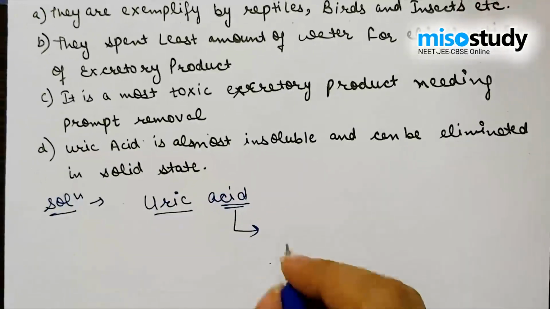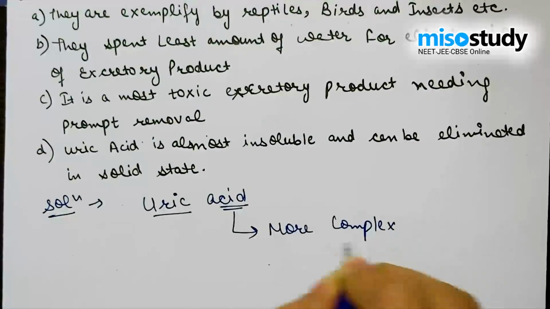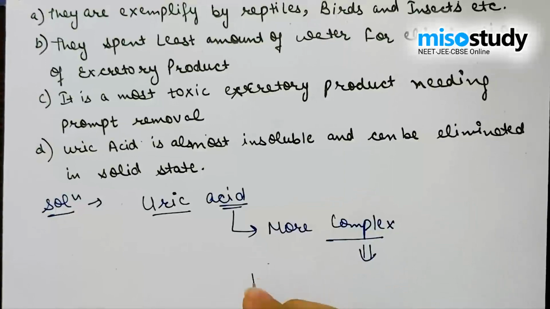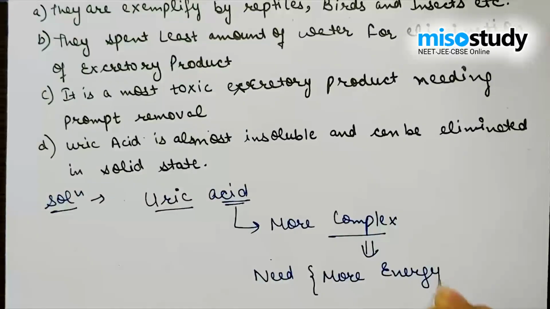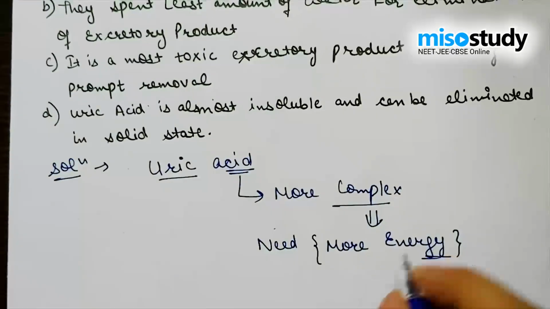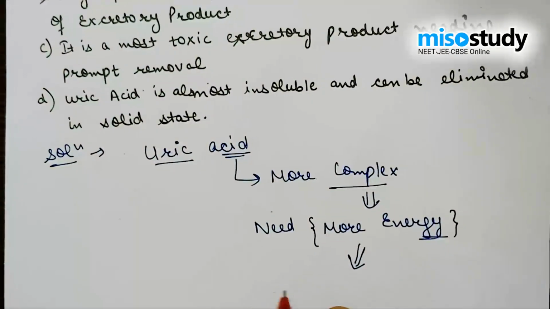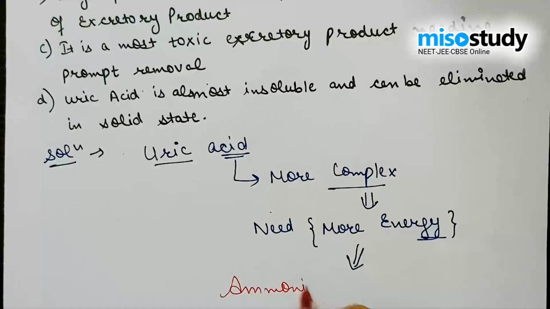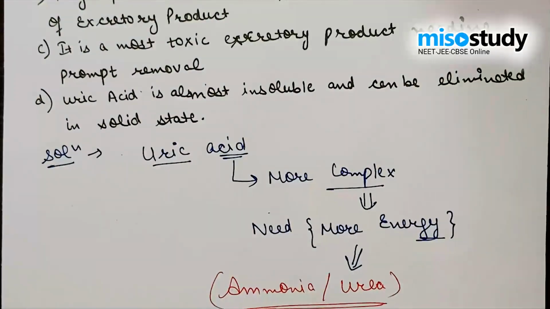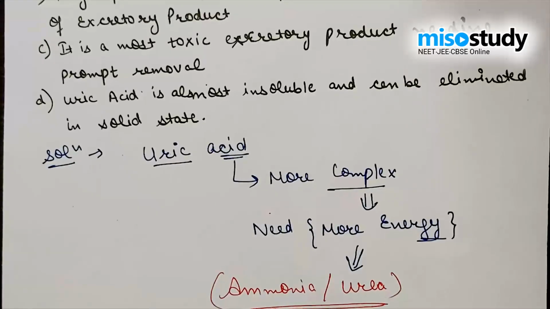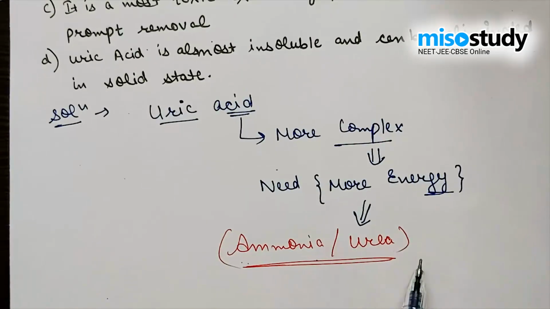Uric acid is more complex and needs more energy in its synthesis when compared to ammonia and urea.